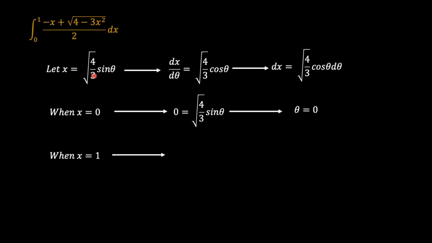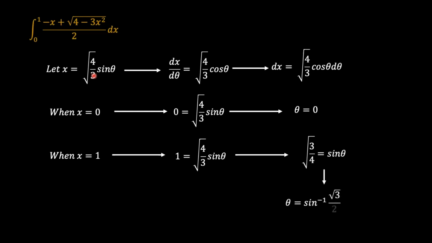When x equals 1, that would mean that 1 is equal to the square root of 4 over 3 sine theta, and therefore the square root of 3 over 4 is equal to sine theta. And that means that theta is equal to the arc sine of square root of 3 over 2. And that would now mean that theta is equal to pi over 3. So we have accounted for our limits.